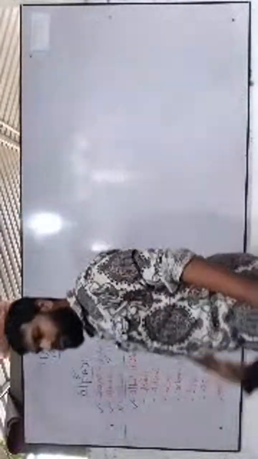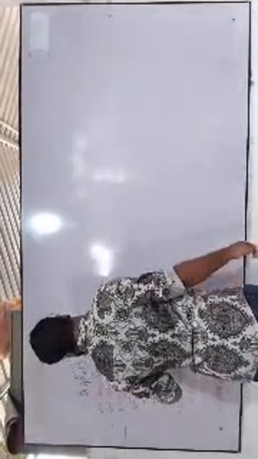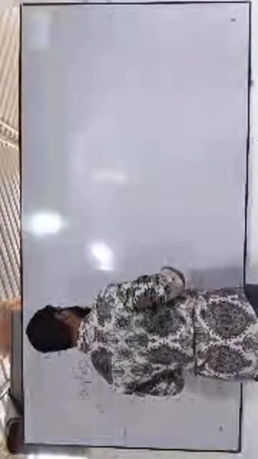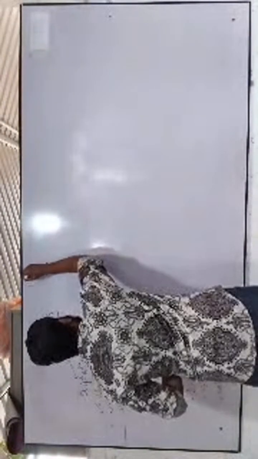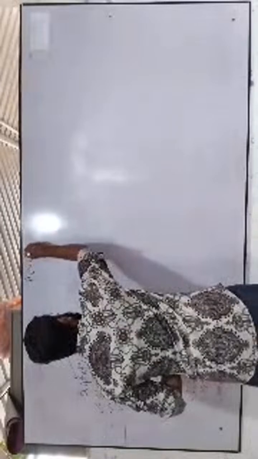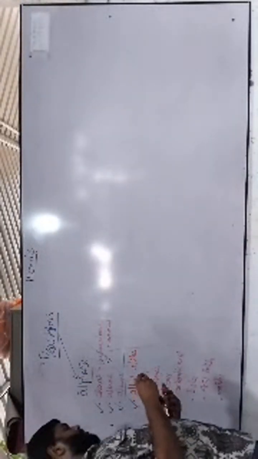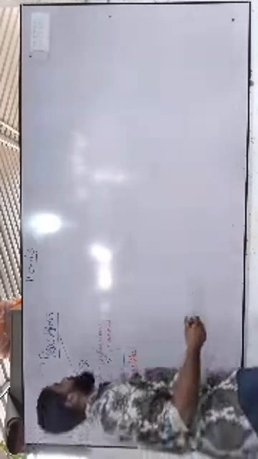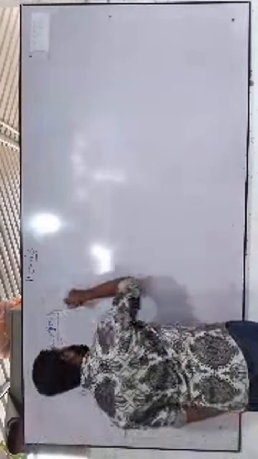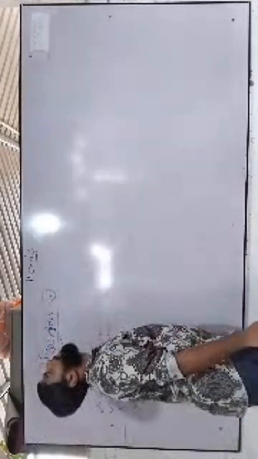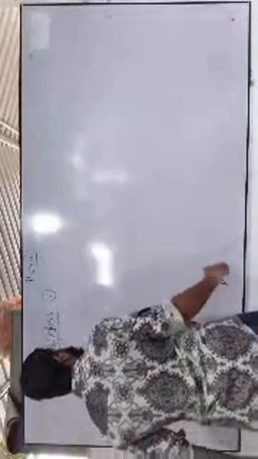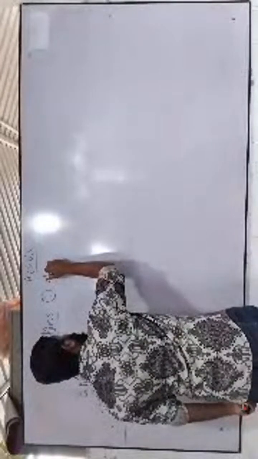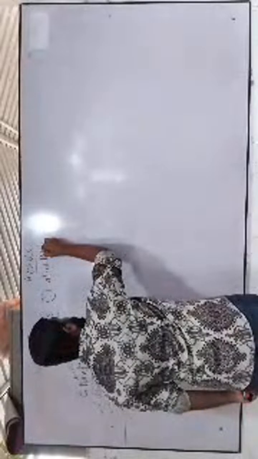The next topic is alcohol, so now you are going to see the reactions of alcohols. First, in alcohols, we'll see the case of making alkyl halides.